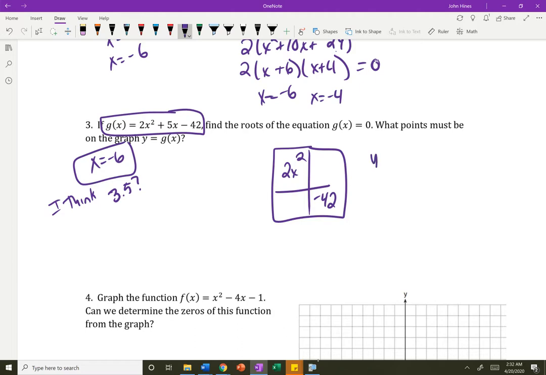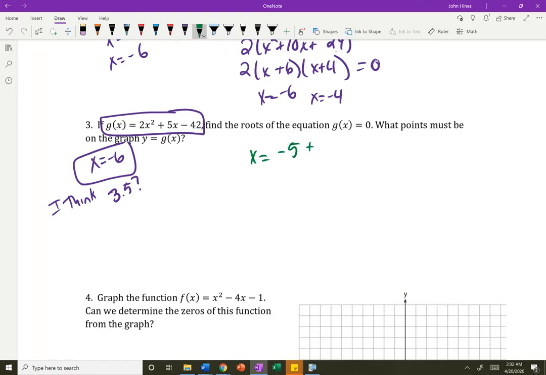What multiplies to -84? Actually, you know what? I don't feel like doing this. Let's use the quadratic formula. x equals -b plus or minus the square root of b squared minus 4 times a times c, all over 2 times a.